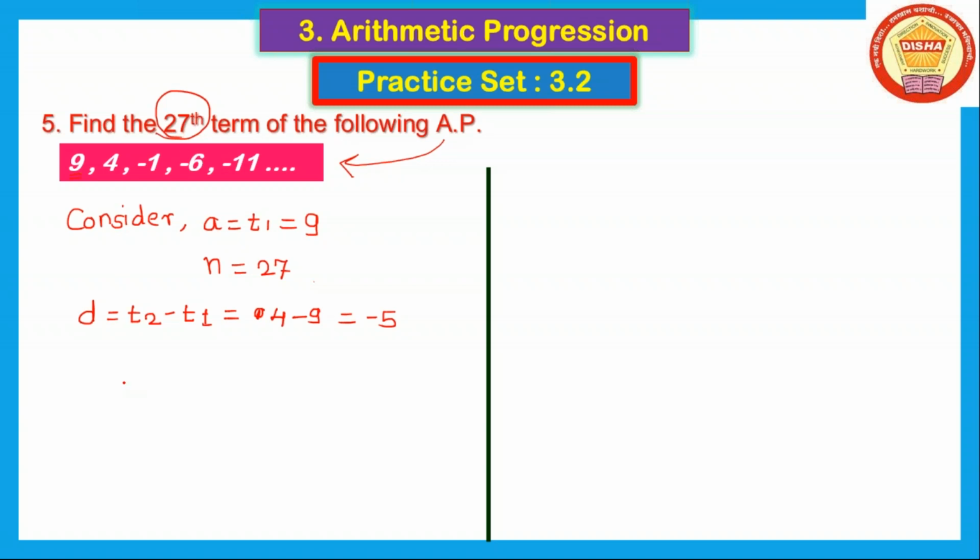So here we use the formula of Tn. Tn is equal to A plus N minus 1 into D. We put the values. A is here 9 plus N is 27 minus 1 into difference is -5. So first we solve this bracket. Okay.